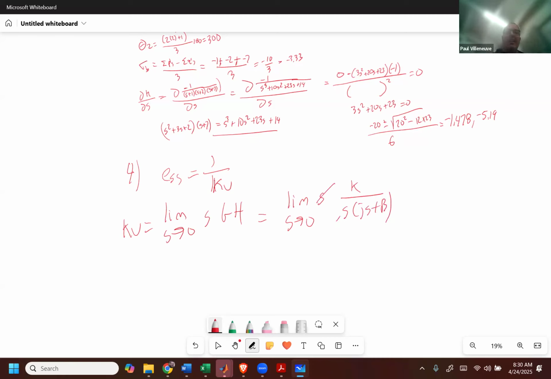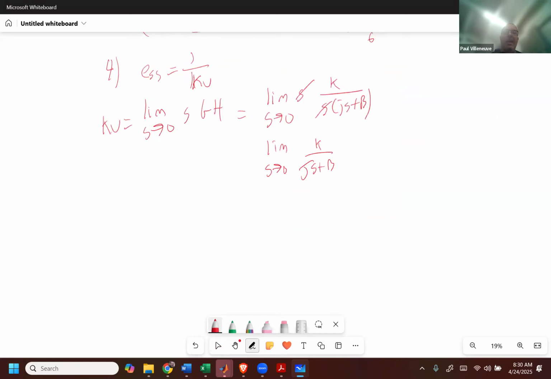The two s terms cancel, and I'm just left with the limit as s approaches 0 of K over (Js plus B). When s goes to 0, this goes away, so that becomes K over B. That's my velocity constant, not steady state error. Steady state error is here, so ESS is 1 over K over B, B over K.